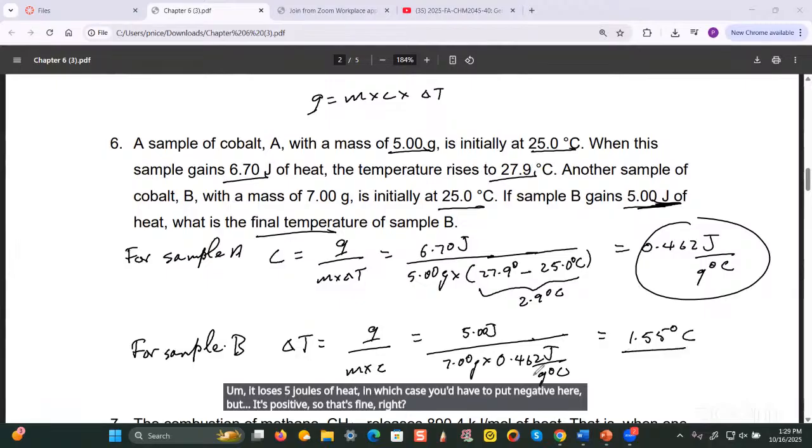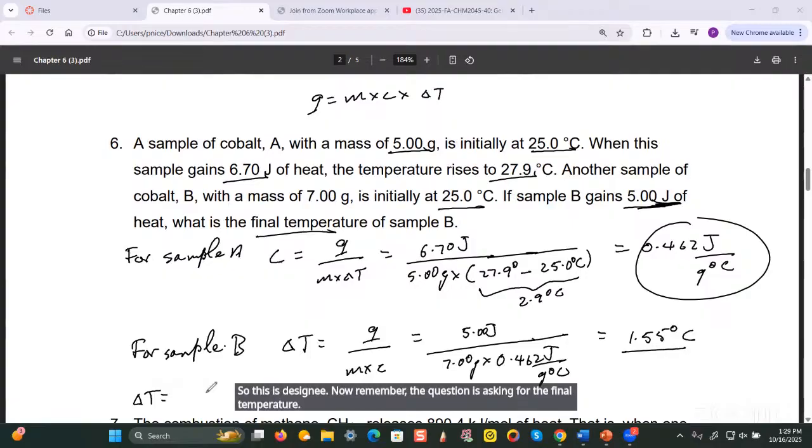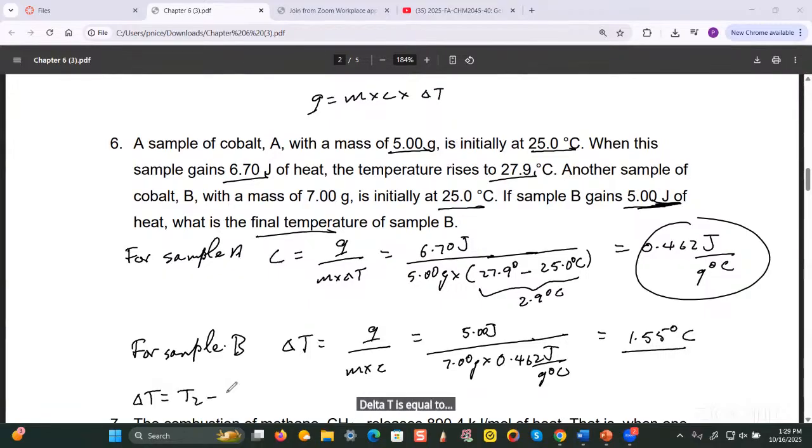So this is delta T. Now remember, the question is asking for the final temperature. Delta T is equal to T2 minus T1. What the question is asking for is T2. So therefore T2 will be equal to delta T plus T1.